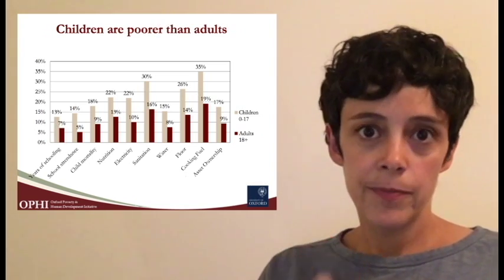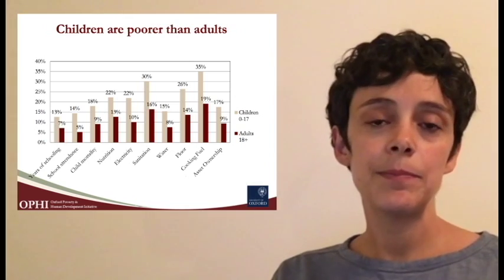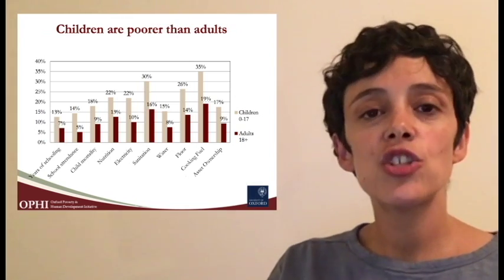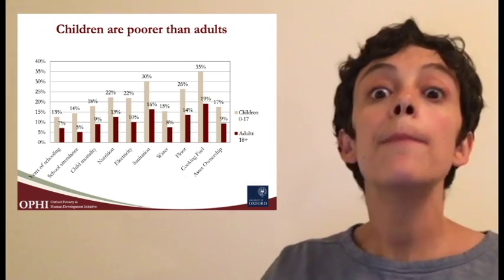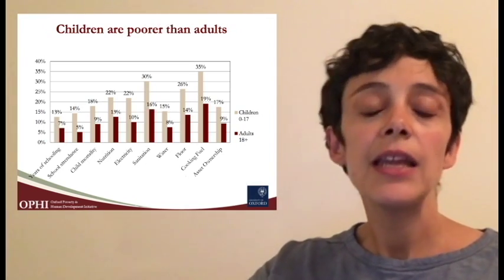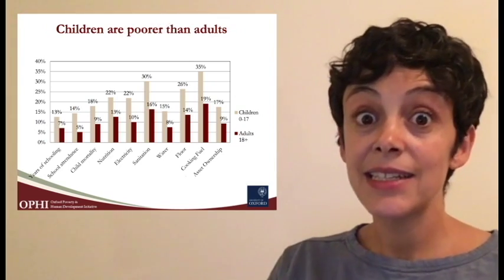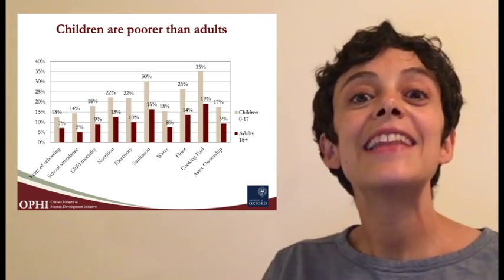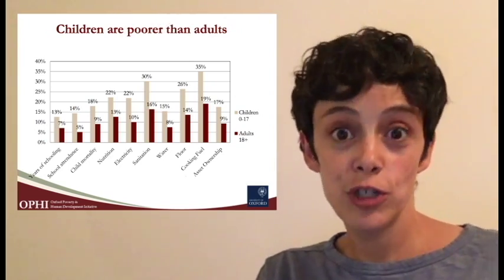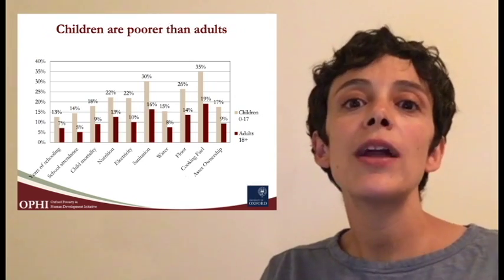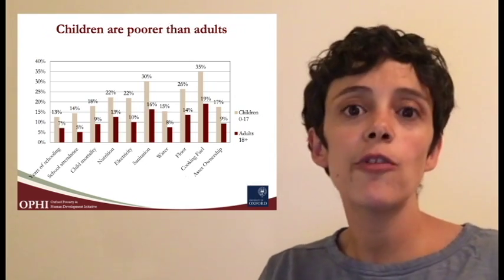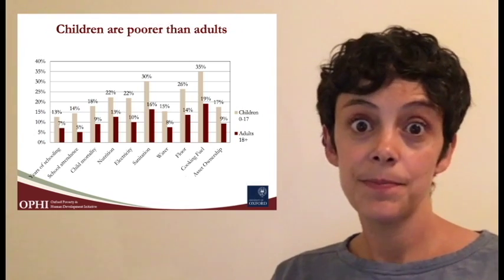The graph in this slide plots the percentage of individuals who are MPI poor and deprived in each of the indicators. The light bars refer to children. The darker red refers to adults.